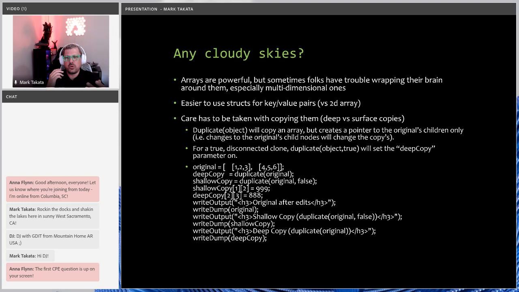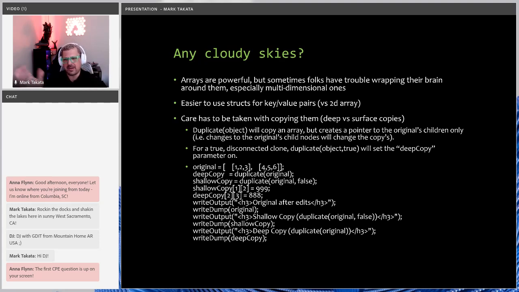So if you do a duplicate on an array and it's not set to true for deep copy, you're actually only creating pointers to that array's children. So if you have a multi-dimensional array, the things underneath are not going to do what you think they're going to do.